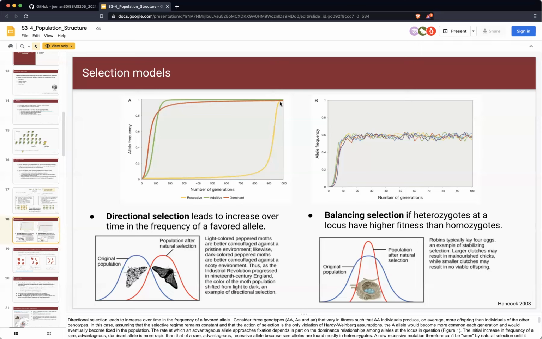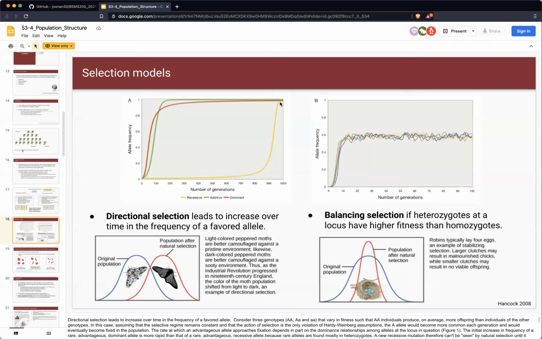But in certain situations, we don't have directionality. In that case, the heterozygotes are strongly preferred in a population. So in certain situations, like in robins, when they take up the eggs by different hatch, they have to be sitting in the heterozygote situation. That gives better survival rates than the dominant or recessive situation because of the maintenance.